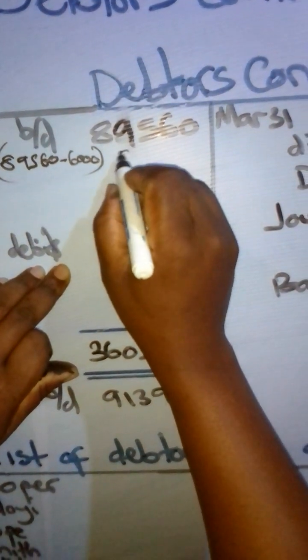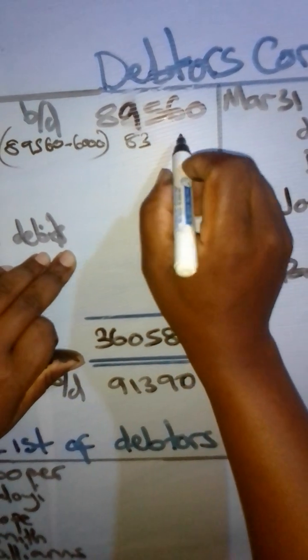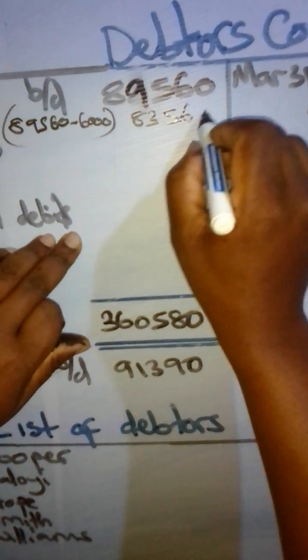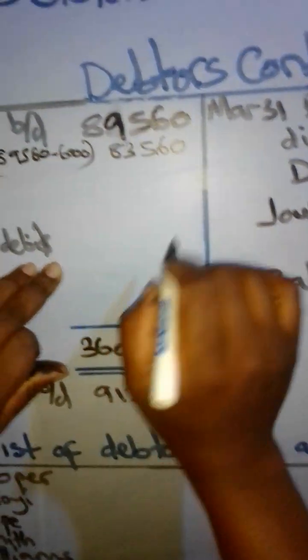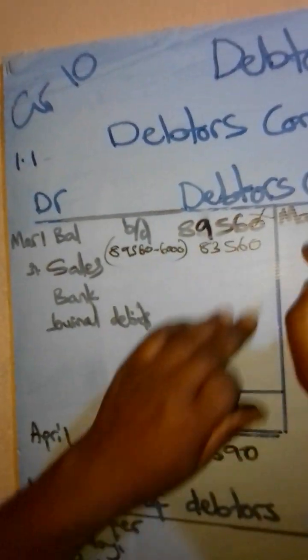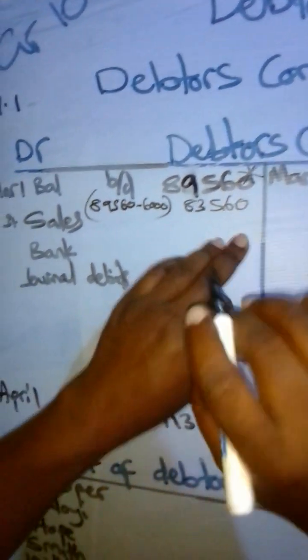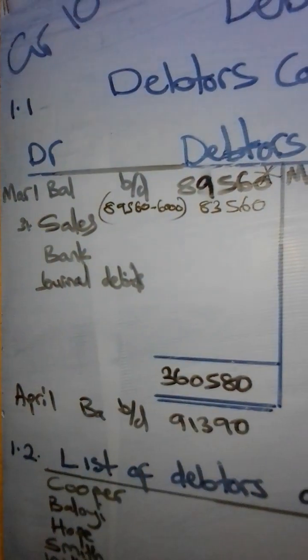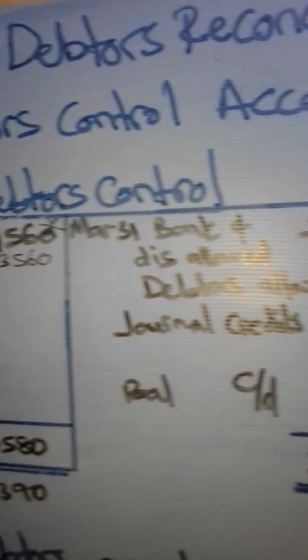We are going to remain with 83,560. So this is the wrong amount. Wherever I put the star, it means that was the wrong amount that was there. The new amount is the one that is just below. Okay, fine. Let's move on to adjustment number B.